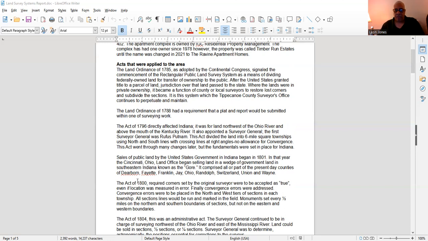It comprised all or part of the present-day counties of Dearborn, Fayette, Franklin, Jay, Ohio, Randolph, Switzerland, Union, and Wayne. Now, I put this down there because those are counties right along the Ohio River. Wayne County is right around Richmond. And then Jay and Ohio, they're right along the Ohio River. But this actually got up here into Lafayette, Indiana as well.